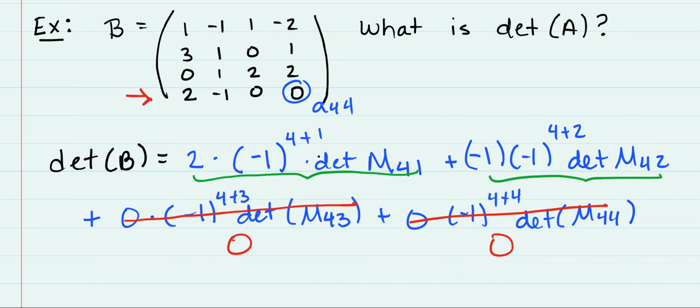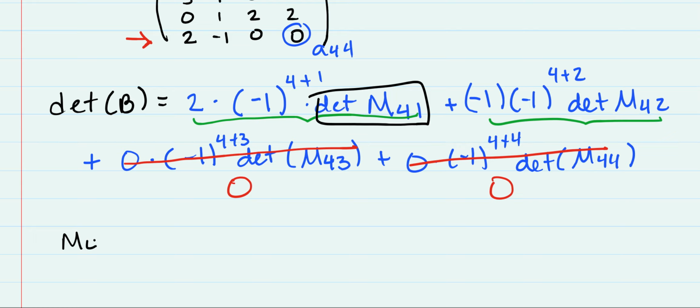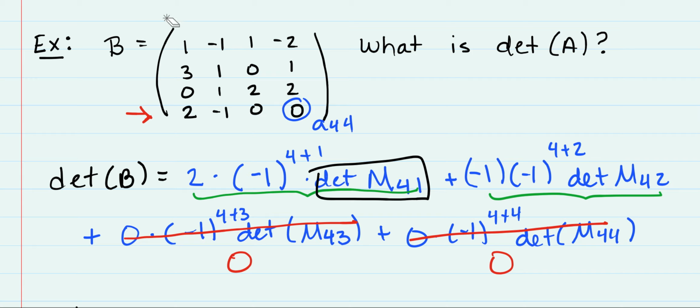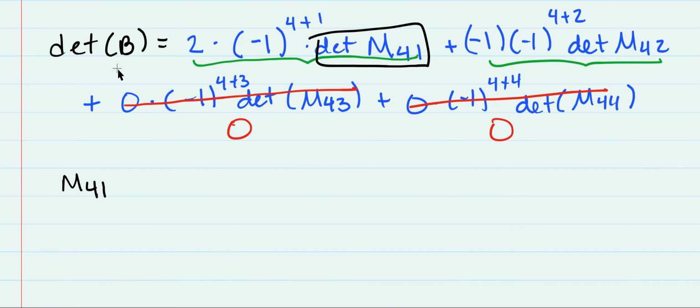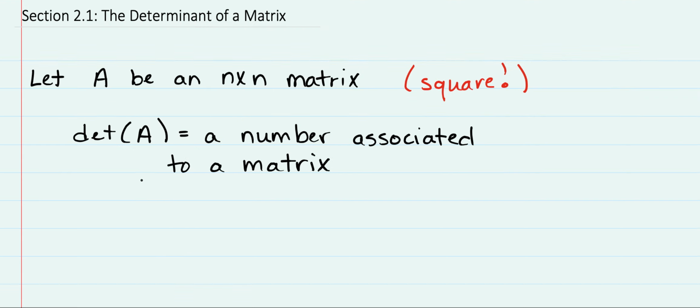Let's start with M41. So here is A41, cross out this row and that column. See, this is your matrix. Sorry about that.